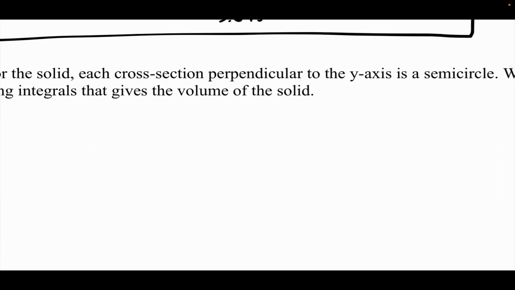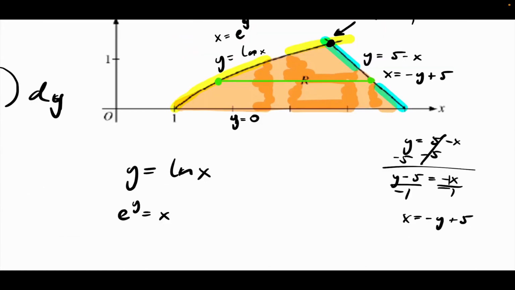So from earlier, we know that the area of a semicircle is pi times diameter squared divided by 8. And the diameter is going to go from one side to the other side.